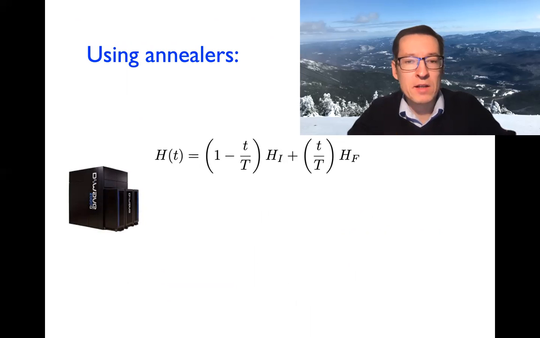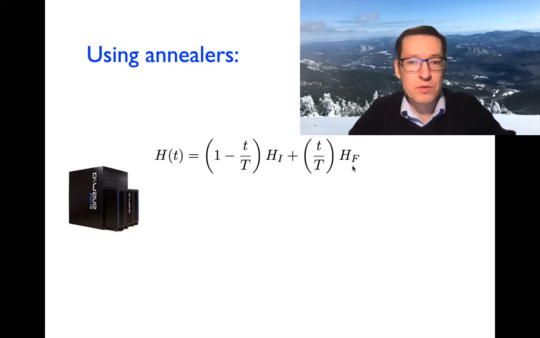The main idea behind annealers is that they can drive a quantum system from the initial Hamiltonian to the final one, starting with the eigenstate of the initial Hamiltonian, which is easy to prepare because the initial Hamiltonian usually is very simple, to the eigenstate of the final Hamiltonian that is of interest and non-trivial.